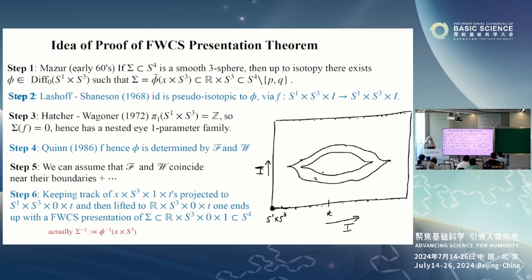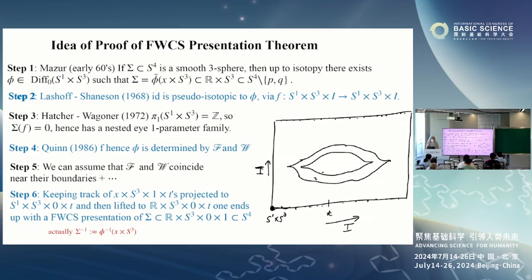A very simple consequence of his work is that any 3-sphere in 4-space can be built by starting with a diffeomorphism of S1 cross S3, and considering point cross S3. Look at the image under that diffeomorphism of point cross S3. Now you get this complicated 3-sphere in S1 cross S3. Lift it up to the universal cover, R cross S3. Stick that in the 4-sphere. That's a way of producing all smooth 3-spheres.